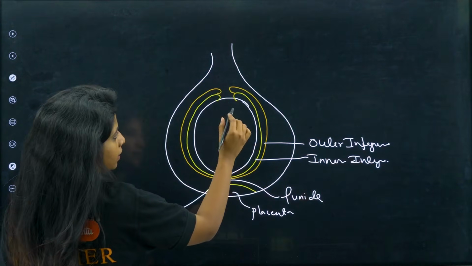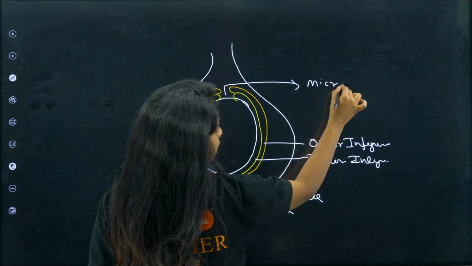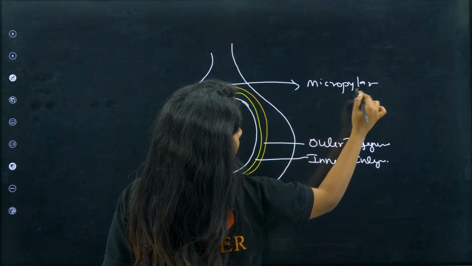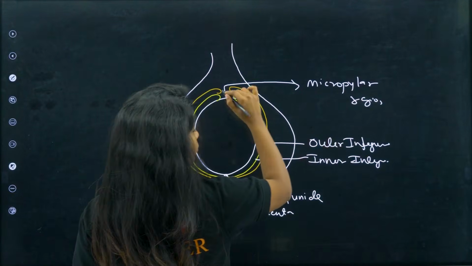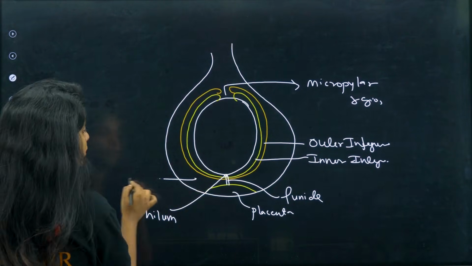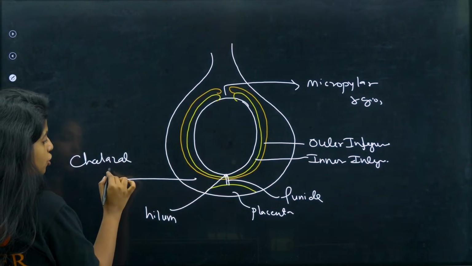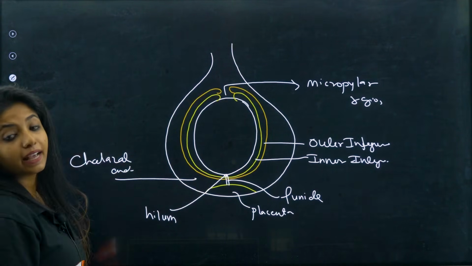And this area that you see is the micropylar region. Wherever there is an opening, just understand it is a micropylar region, and the opposite end of the opening, my dear children, will always be the chalazal end, chalazal region.